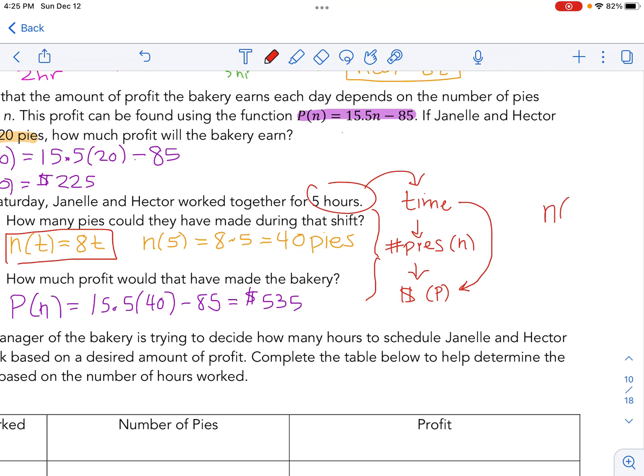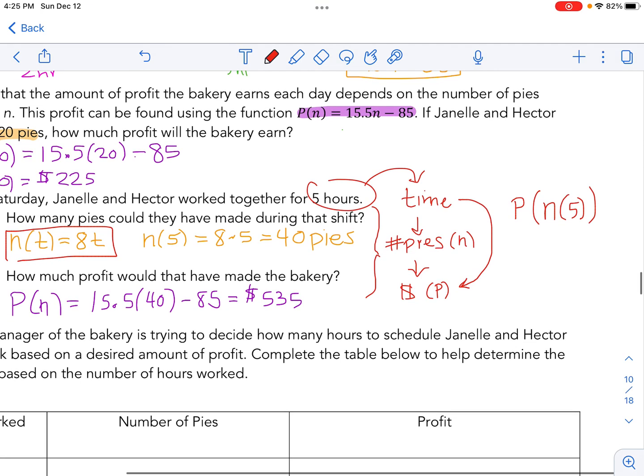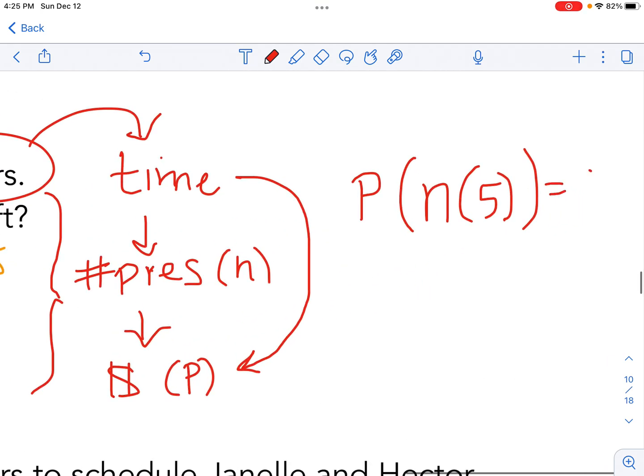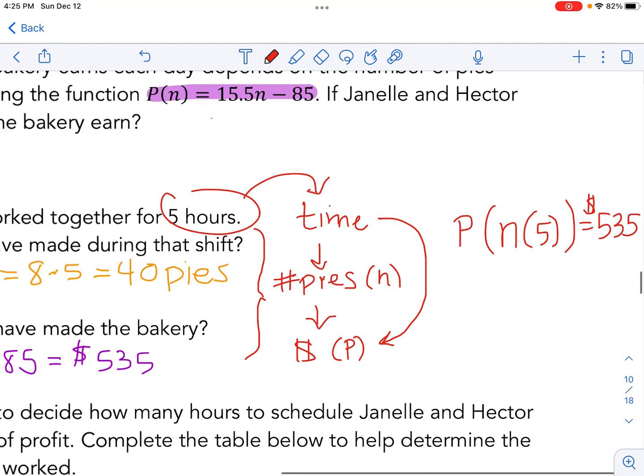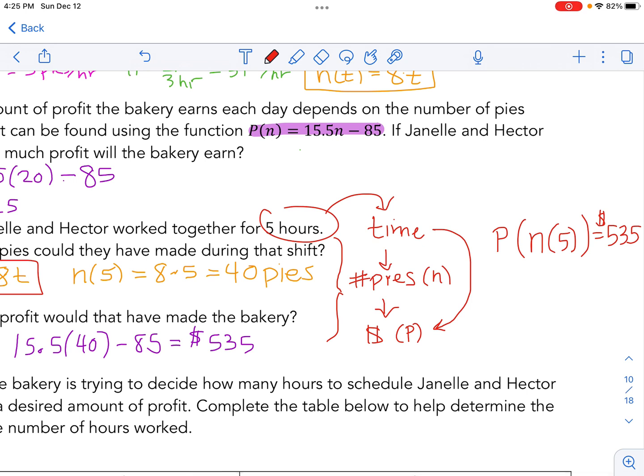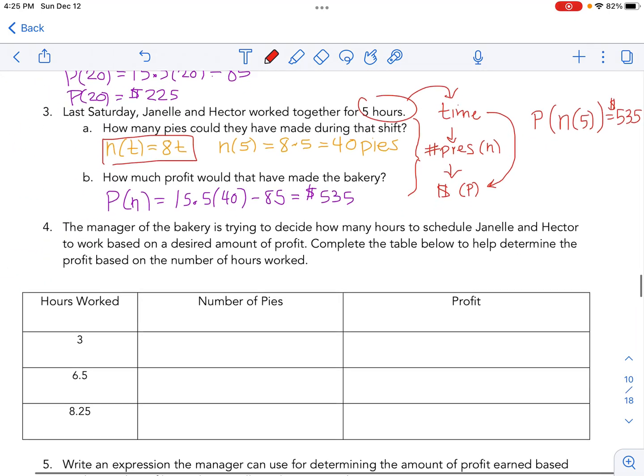So in other words, we take the number of pies function, so the number of pies for 5 hours, and we put it right into the profit function. And then we can get that $535 directly, just based on the time, the 5 hours.